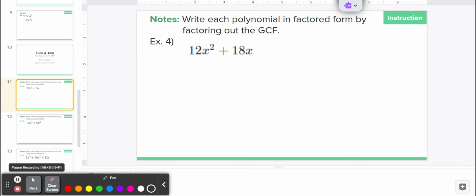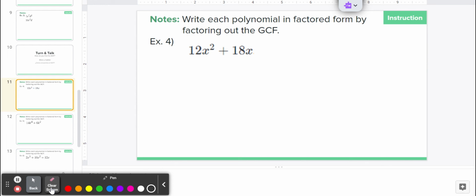We have 12x squared, and we're going to start off the problem exactly the same. We're going to break down 12 to its smallest possible numbers. If I start this off and go 2 times 6, that would technically work, but the surefire way to make sure we get our greatest common factor is to break it down even further.